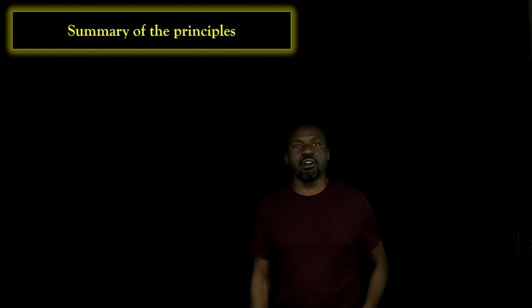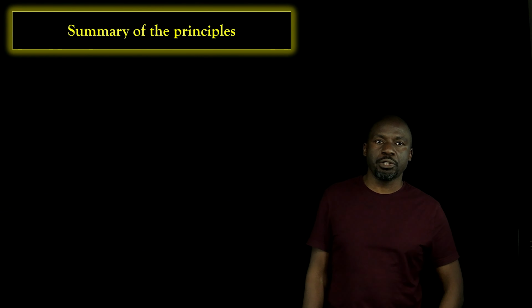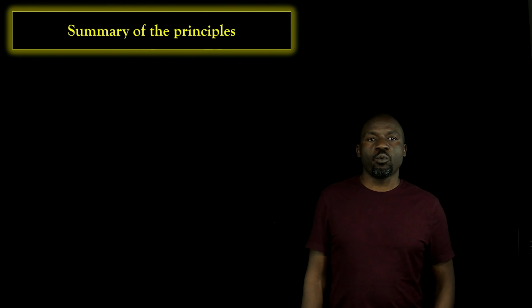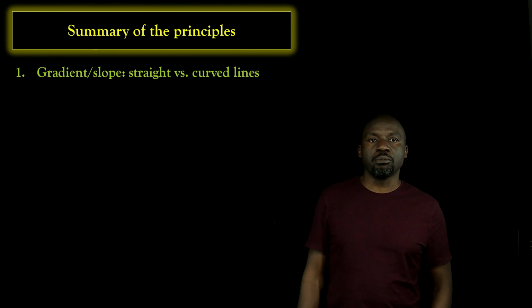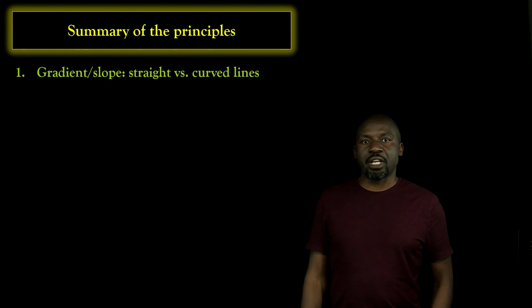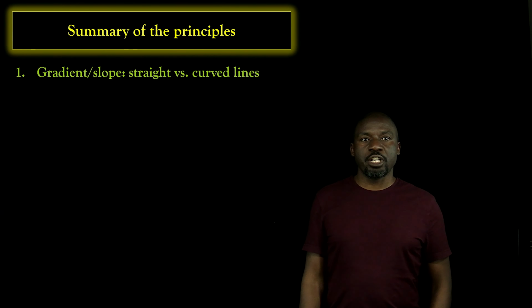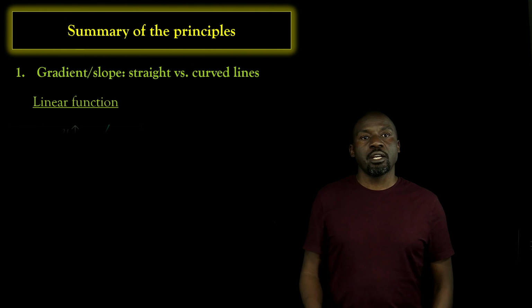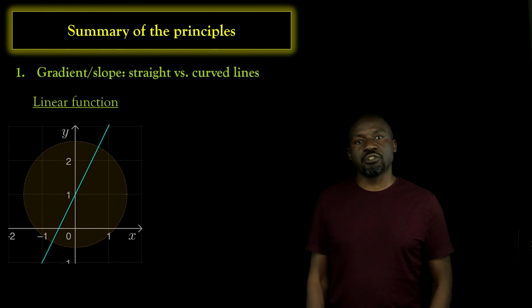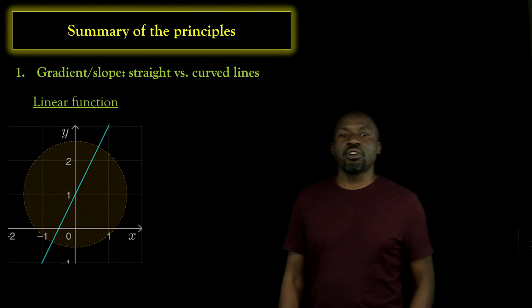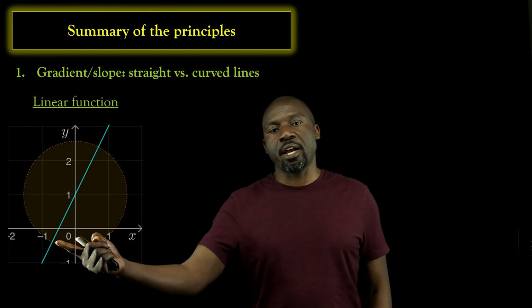So in summary, what we did in lessons 1 and 2 was to look at what it means to find the derivative of a function using the first principle. Effectively, what we have said is that the gradient or the slope of a straight line is always constant. So if we're given a straight line such as this, then we know that the gradient is constant everywhere along the line.